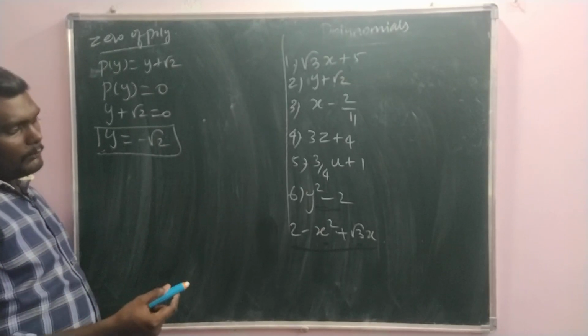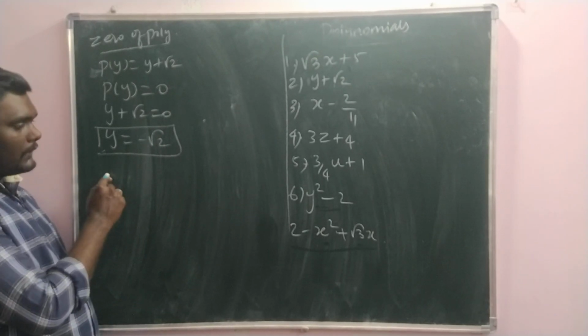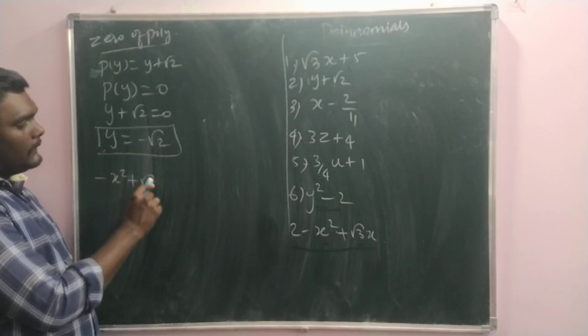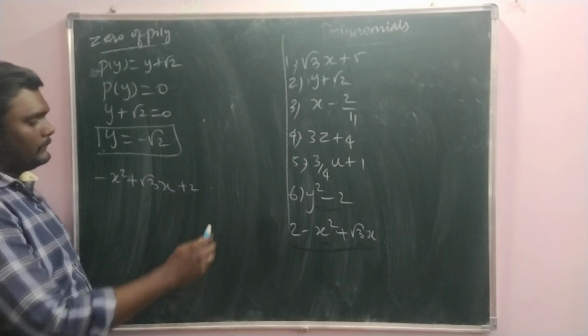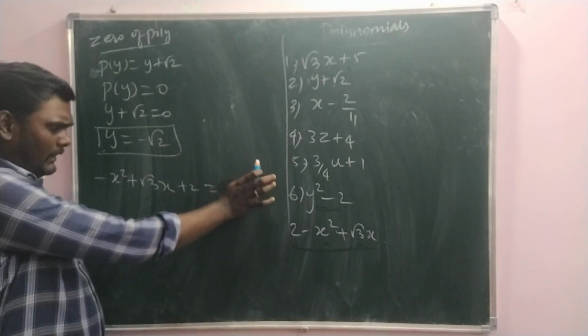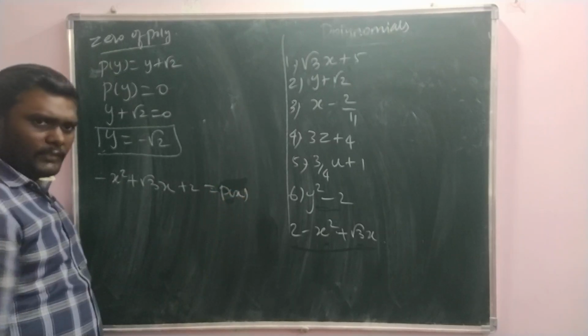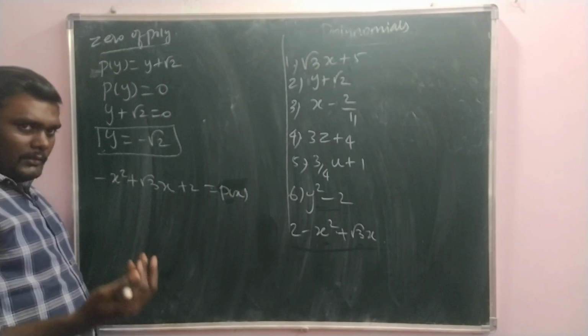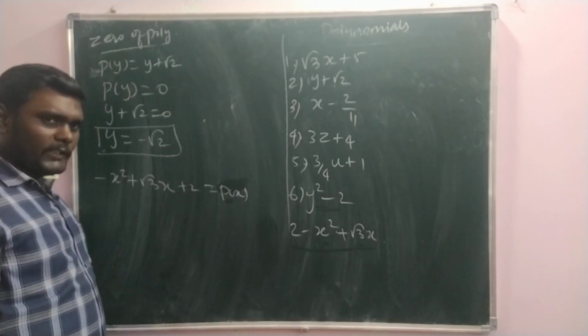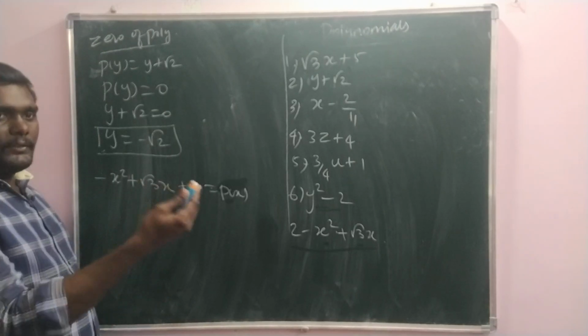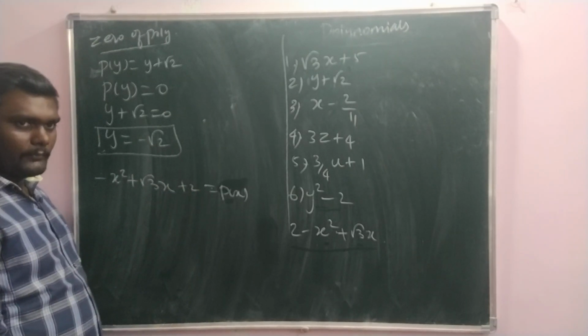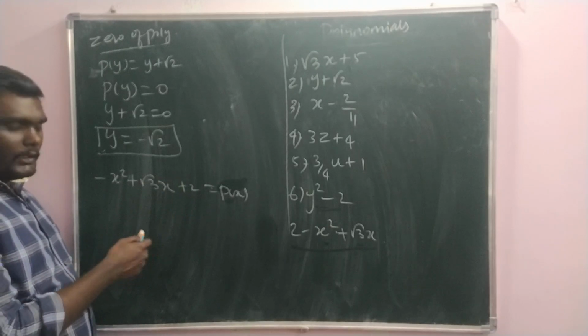Likewise, if you take the other one, say for example, this is minus x square plus root 3x plus 2, we'll call it as p of x. To find the zeros of the polynomial, whenever a question is given, we have to write let p of x is equal to this given polynomial and then factorize it.